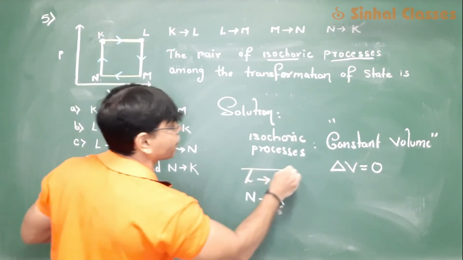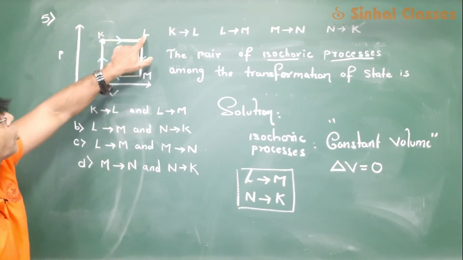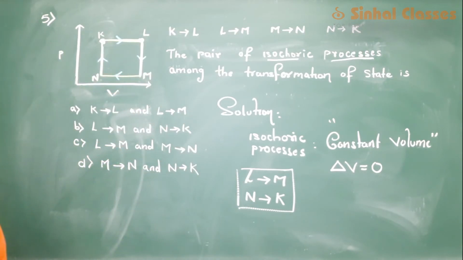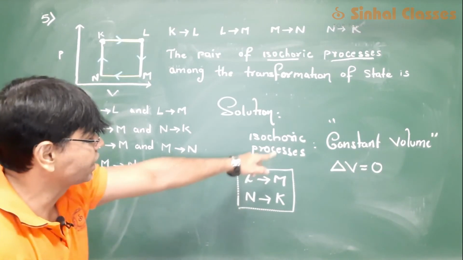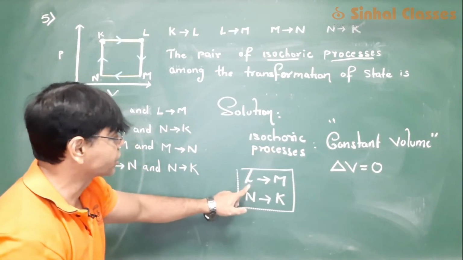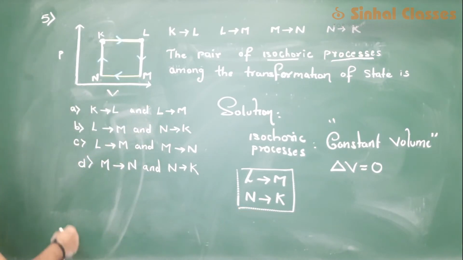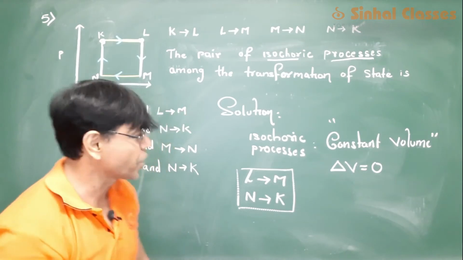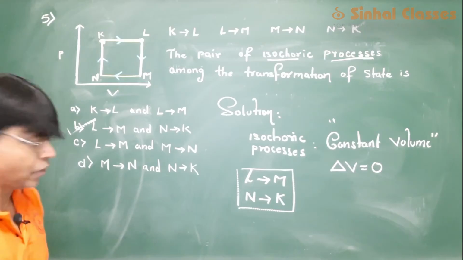These two of them have constant volume. K to L and N to M have constant pressure. That's called an isobaric process. They wanted isochoric. So your answer should be L to M and N to K. So your answer for this question is B, which is the correct answer. Okay, so a simple one. Now we go for the next question.